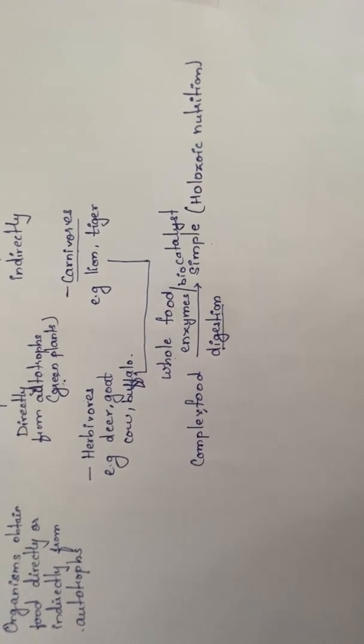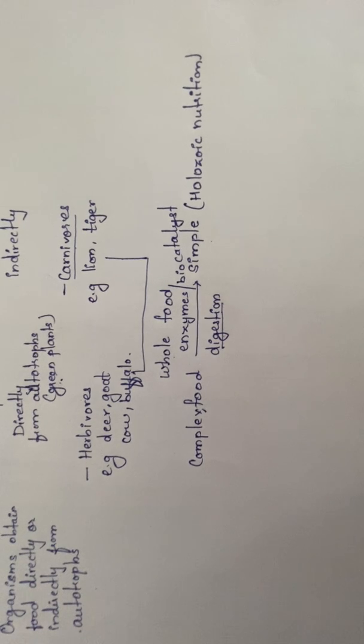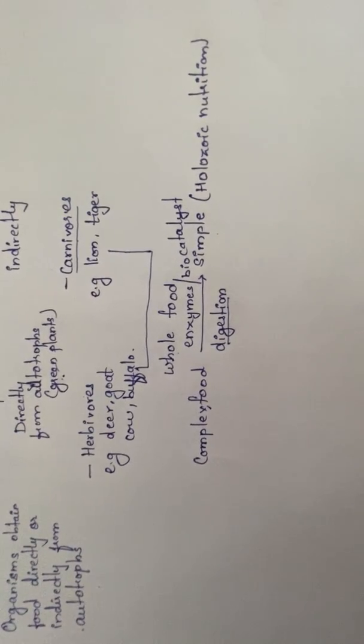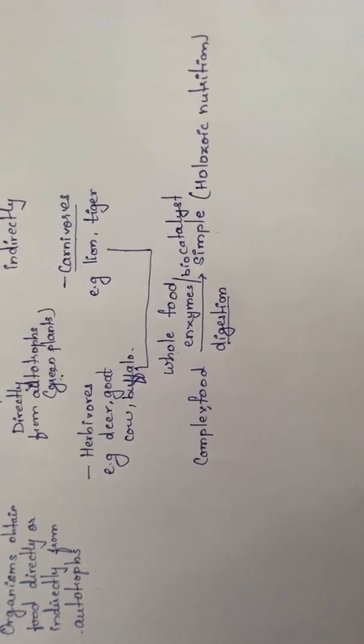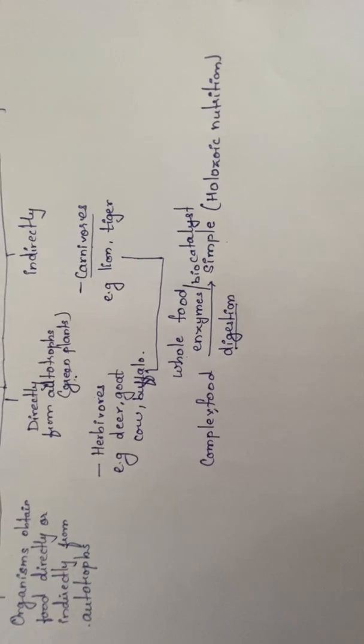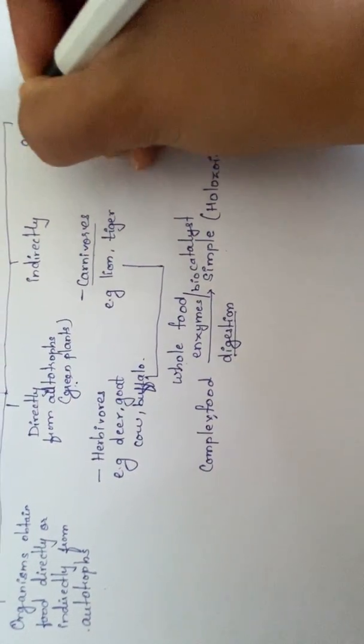They secrete enzymes from their body into the outside environment onto the food. The food gets converted into simple nutrients, and these organisms then obtain only nutrients from that food. Such organisms are called saprophytes.